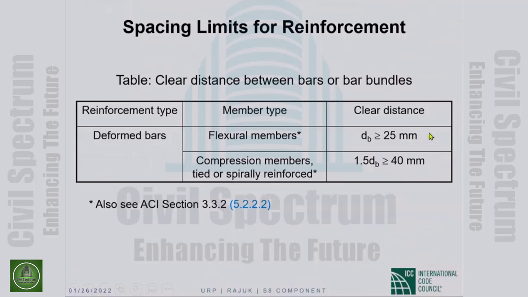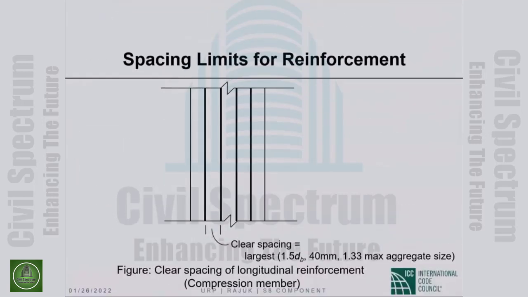The stone size is not in 318 but is in BNBC. For compression members that are tied or spirally reinforced, it is larger: 1.5 bar diameter or 40 millimeters. So this is the clear spacing between column bars: 1.5 bar diameter, 40 millimeters, 1 1/3 maximum aggregate size.